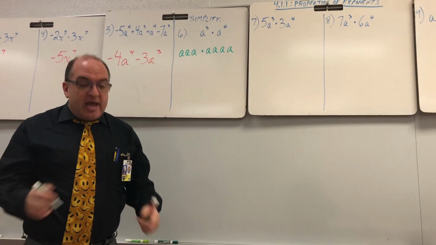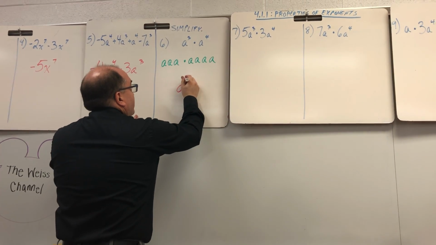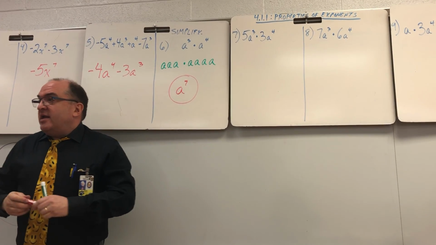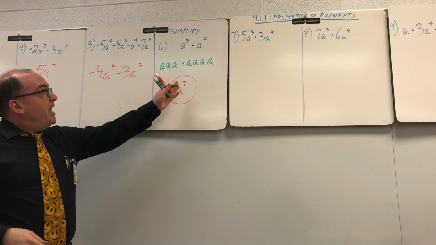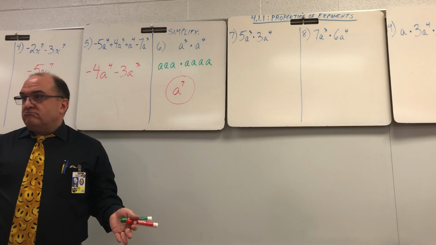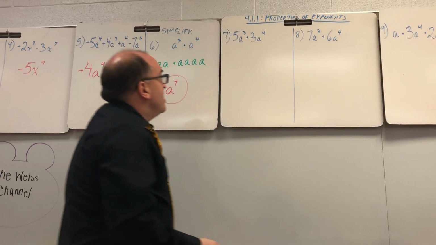You just put it all together and you've got a to the 7th. Yes? So the shortcut is, of course, when you're multiplying with exponents, you simply add the exponents. No problem there, right? Fabulous.